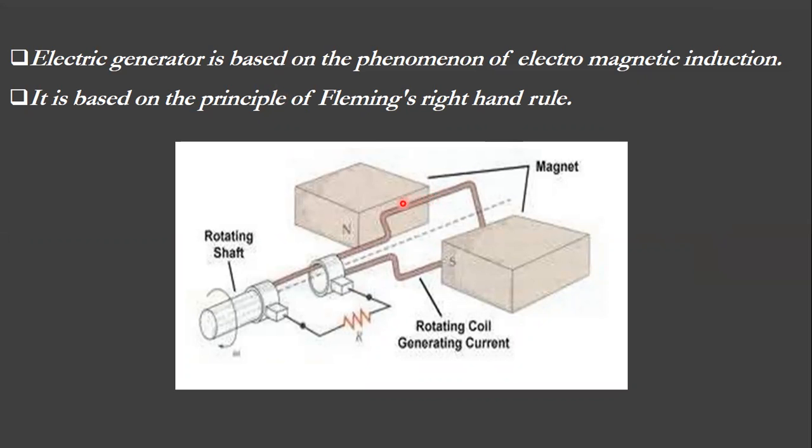It is also based on the principle of Fleming's right-hand rule. Here, this is the rotating shaft, and these are the magnets and the rotating coil generating the current. These are the north and south poles of the magnet.